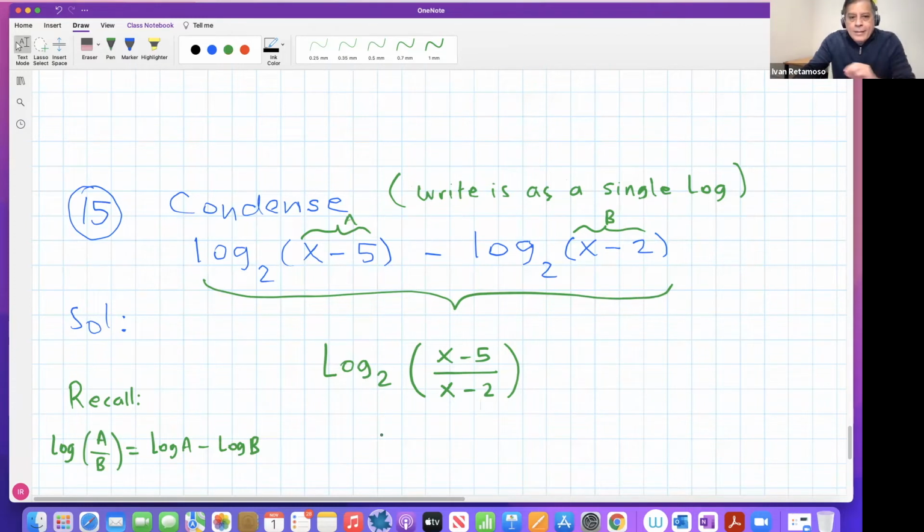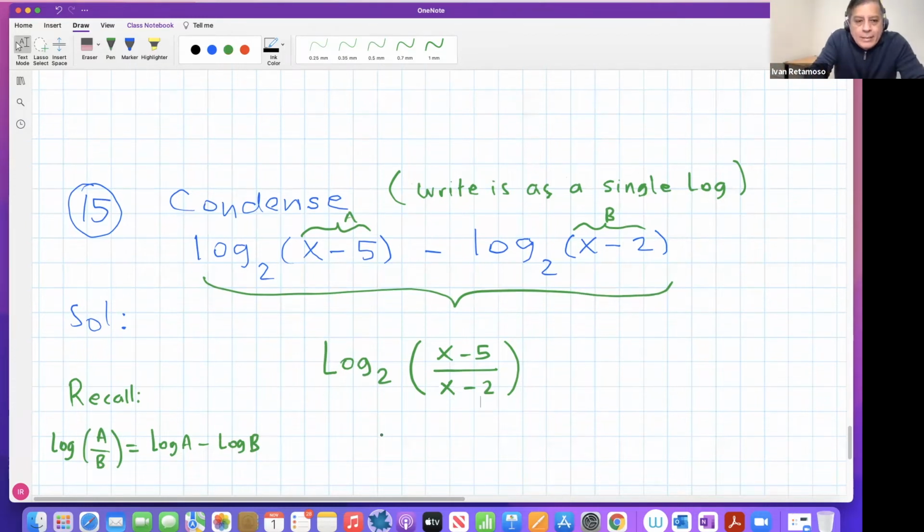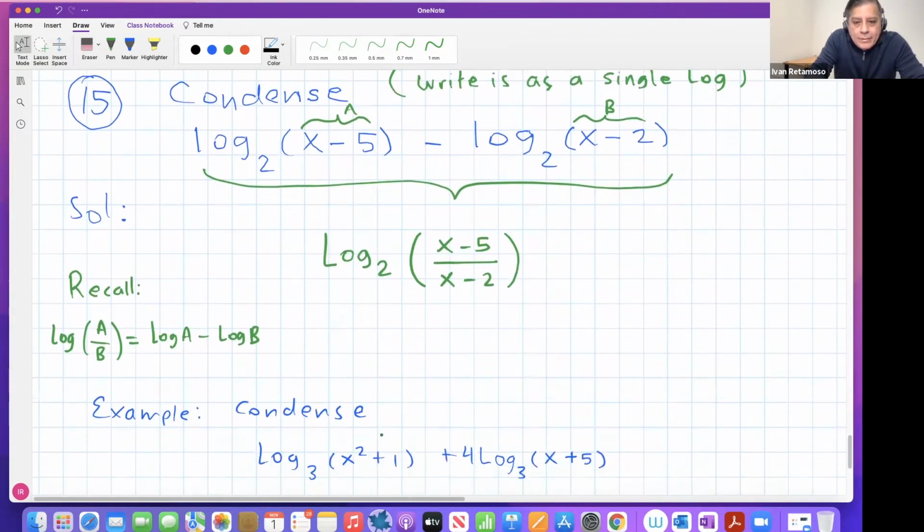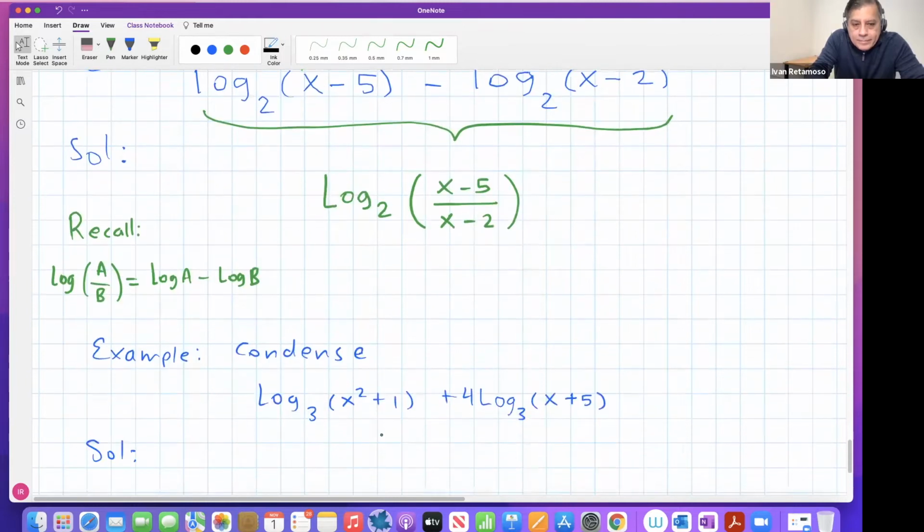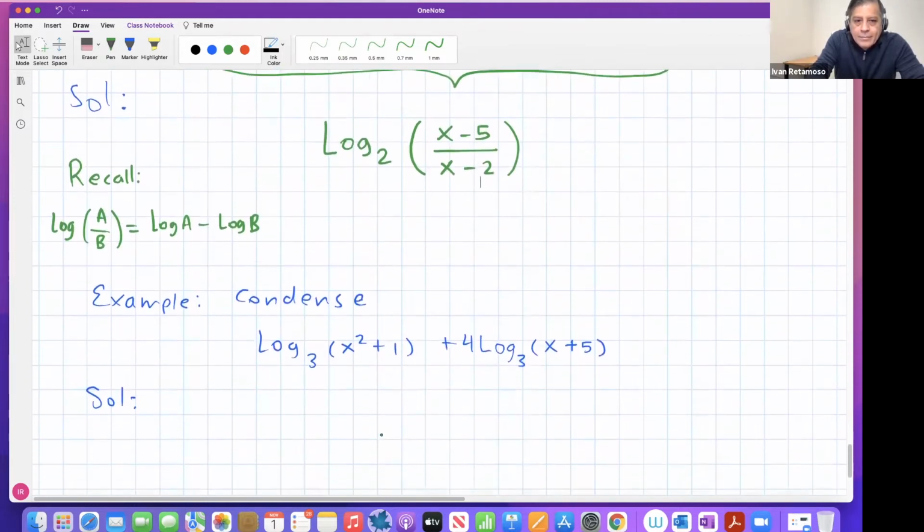Great. Now, one more example, and then I will let you work on your own, okay? This is another example of condensing. It says condense log base 3 of x squared plus 1 plus 4 times log base 3 of x plus 5.